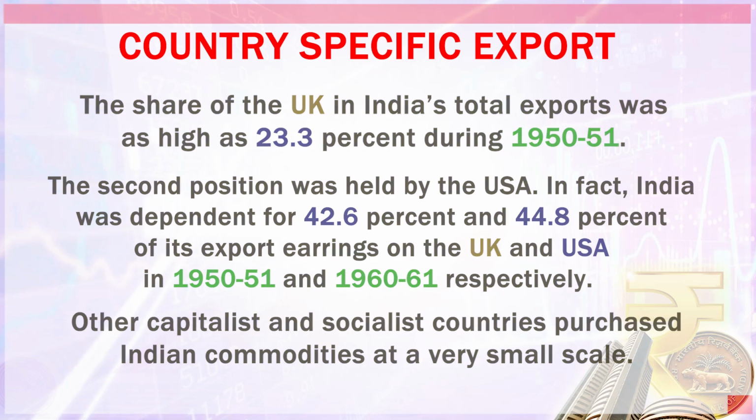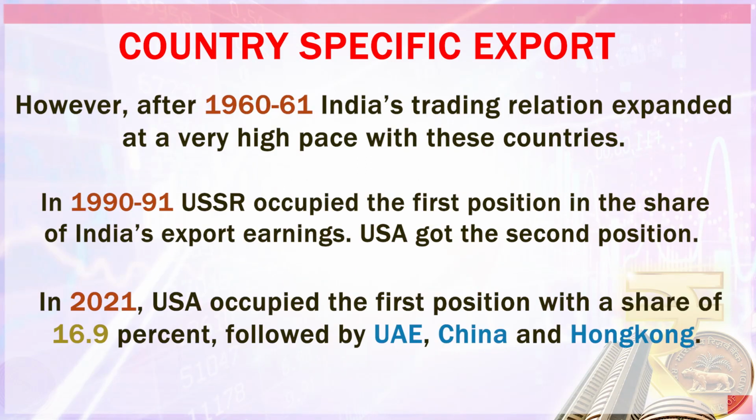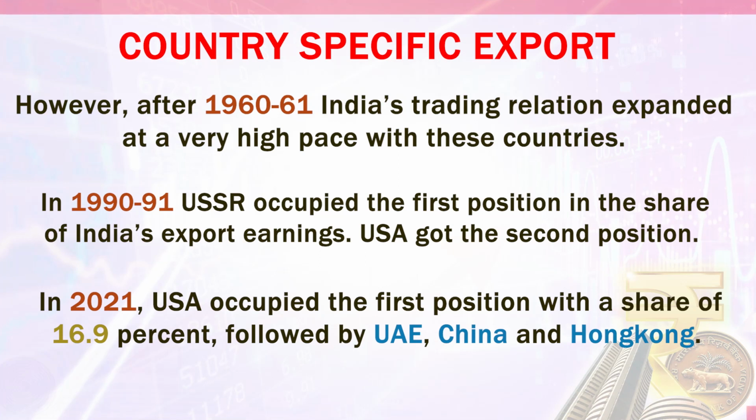But the scenario changed, and during the reform period, India exported its maximum product to the USSR, followed by USA. And in 2021, USA is in the first position. That means India exports its maximum product to USA, followed by UAE, China, and Hong Kong.